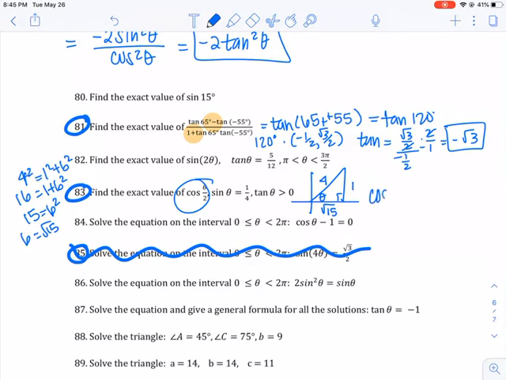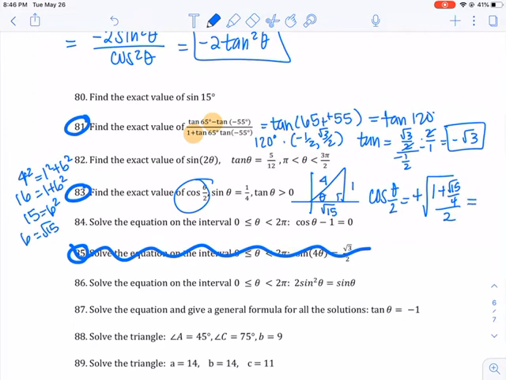Okay, so cosine theta over 2 equals, it's plus or minus, and since I'm in quadrant 1, it's plus, the square root of 1 plus the cosine, which is going to be adjacent over hypotenuse, so rad 15 over 4, all over 2. Okay, so now we just need to work on simplifying that.